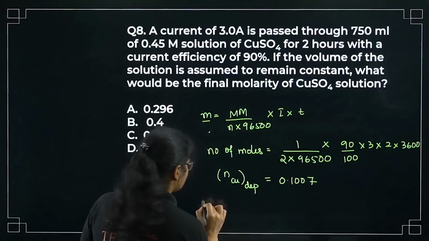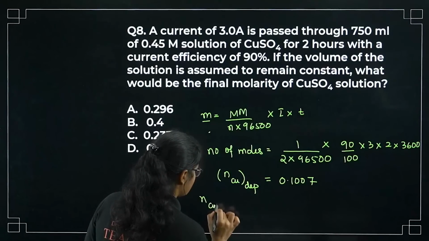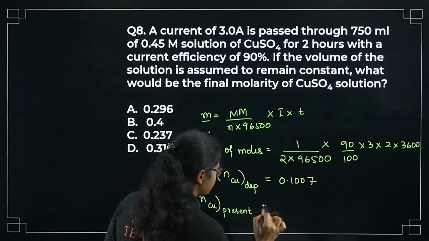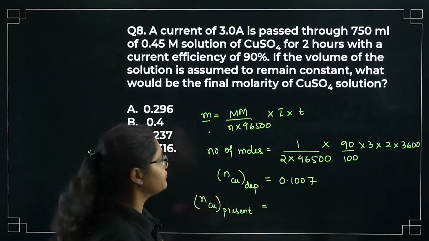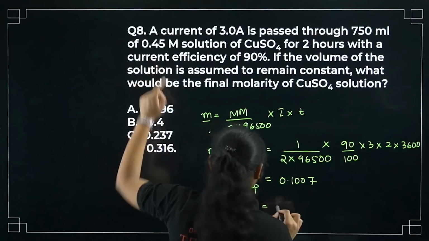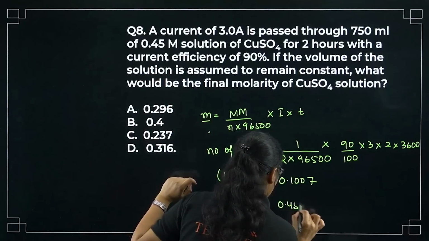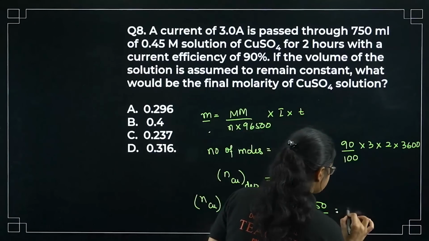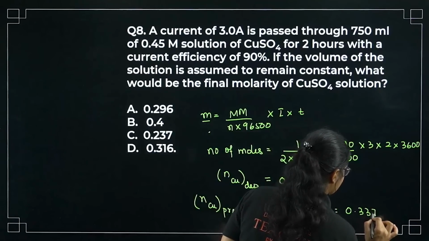Now the number of moles of copper initially present, how much was initially present? So you know molarity into volume we will get. So what is our molarity? 0.45 and volume is 750 and I have 1000 here, okay. Now if I solve this, I'll get 0.3375.